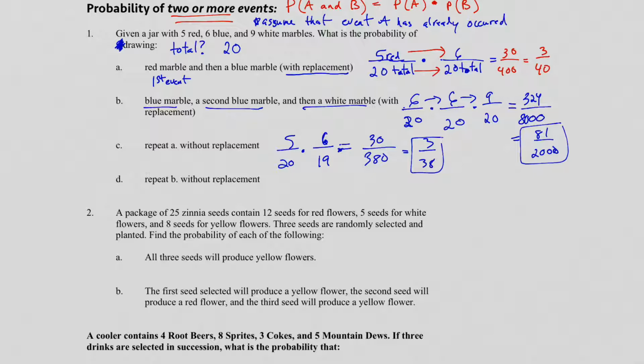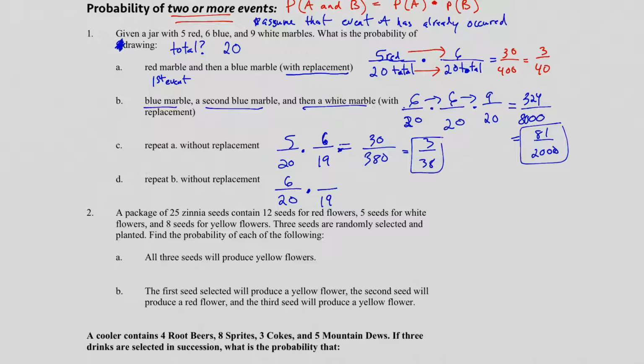Now, we're going to do 1D. 1D has 3 fractions, but without replacement. So the first one's the same, 6 out of 20. But we're picking another blue ball, and we just picked one out. So not only does the total go down by 1, but the blue marbles go down by 1.